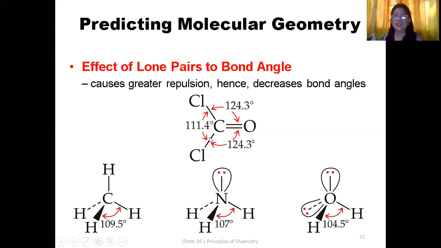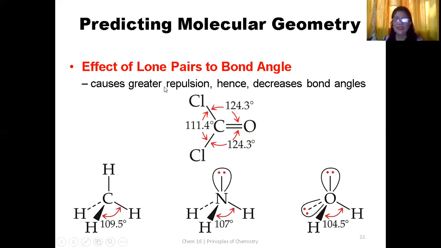So there will be 24 electrons. Then this one is 8, plus 8, 16, then the double bond, 24. So it should be 24 electrons.